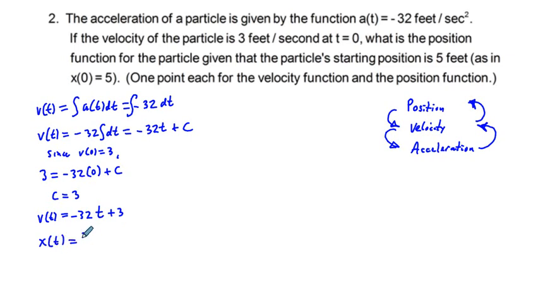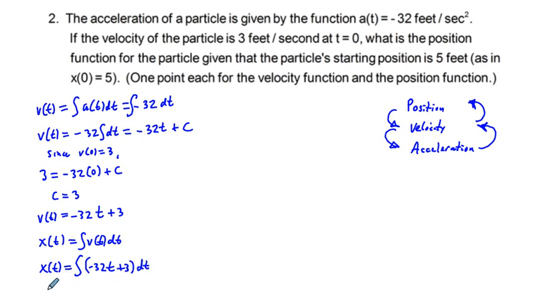So next, our position function x of t is equal to the integral of v of t dt. And so in this case we have x of t is equal to the integral of negative 32 t plus 3, and that's going to be dt.